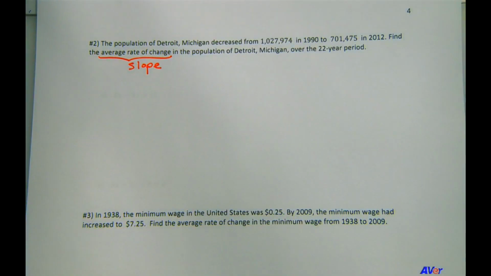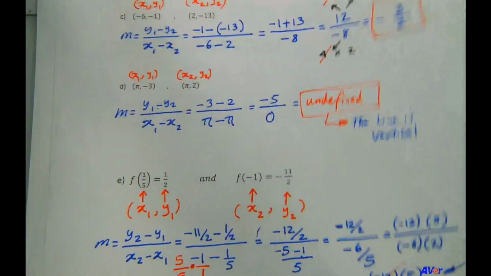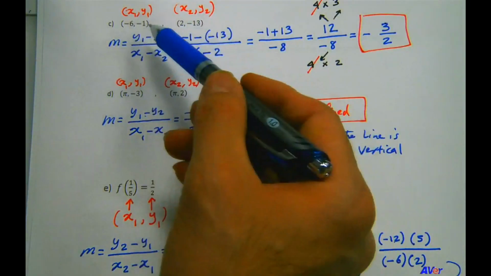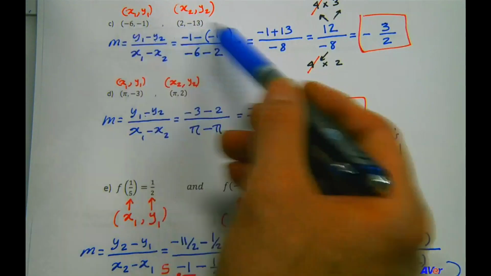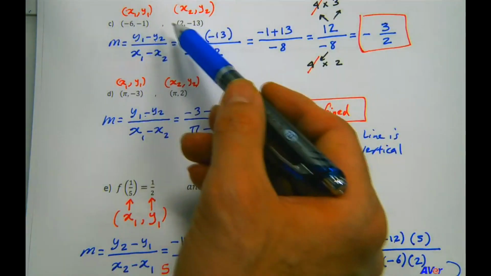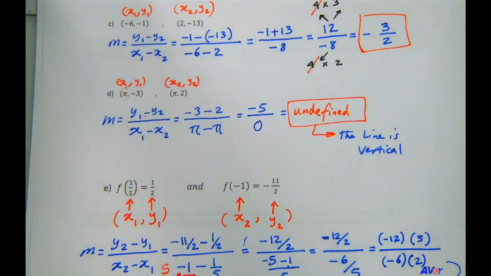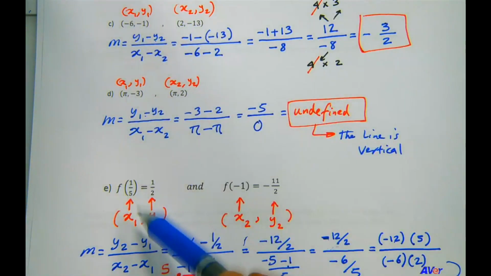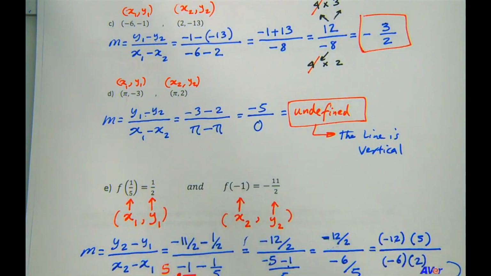Okay, so here, when we solve these kinds of problems, let me bring you back. When we deal with these kinds of problems, the points for which we were calculating the slope of the straight line that connects them were given to us. Here, here, and here, they were provided to us.